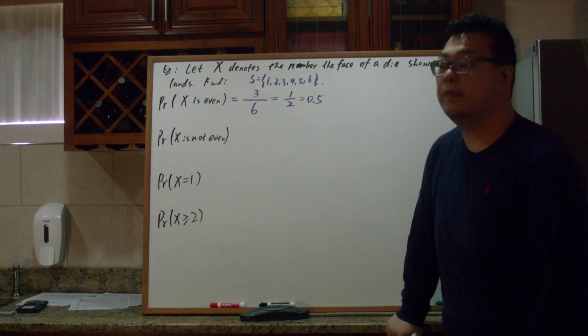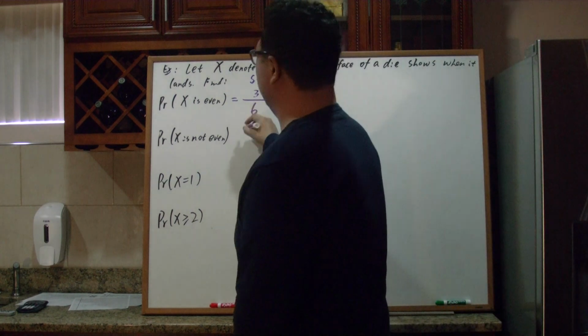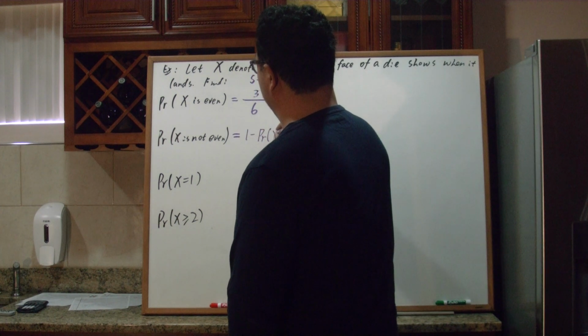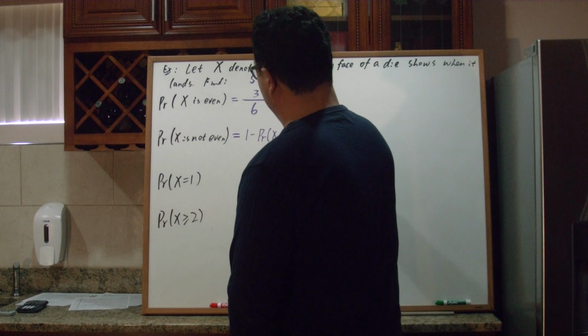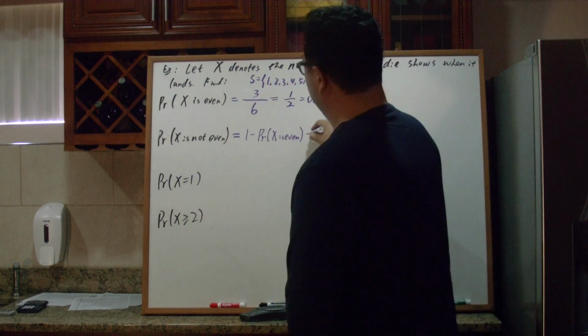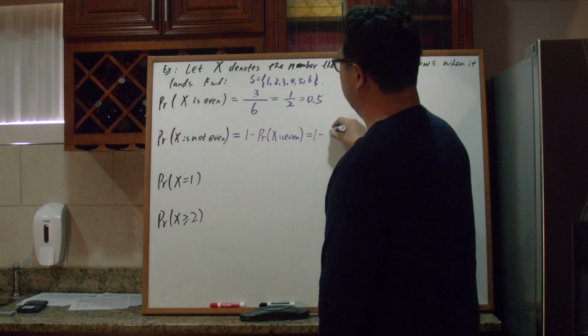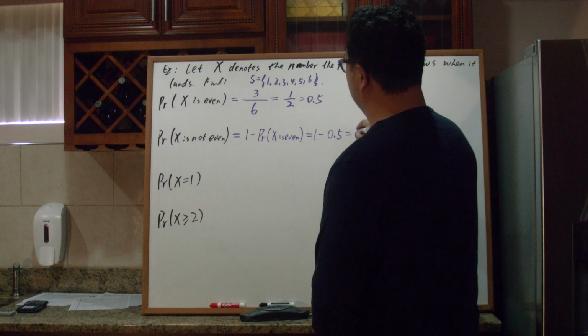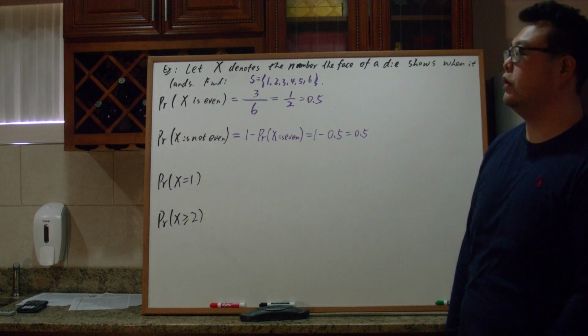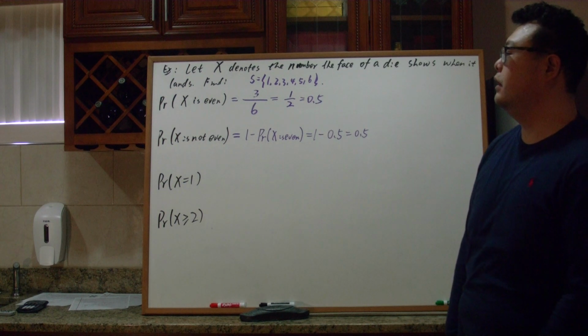And then for the probability it's not even, since we found the probability of even already, we could just do 1 minus that. So 1 minus the probability to be even, that is 0.5. This is a case where we could apply the complement.